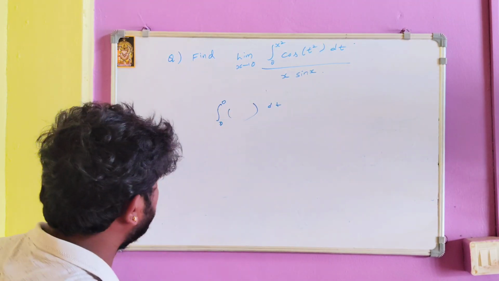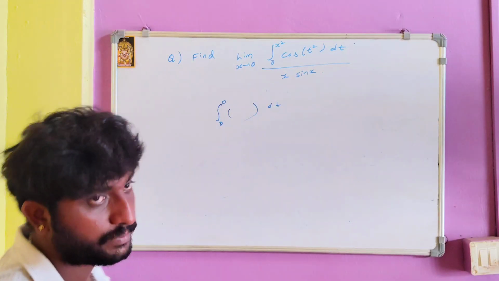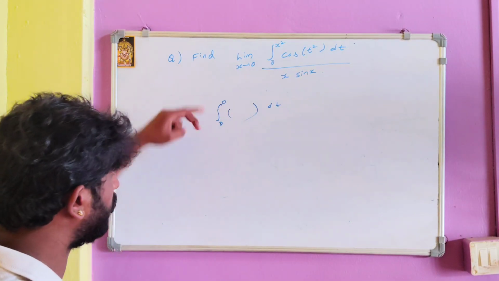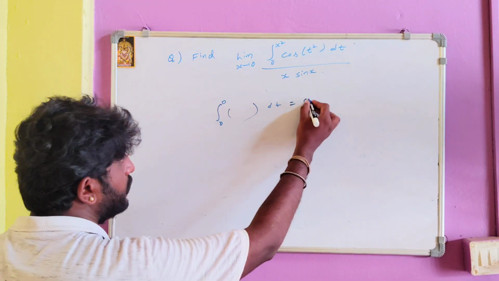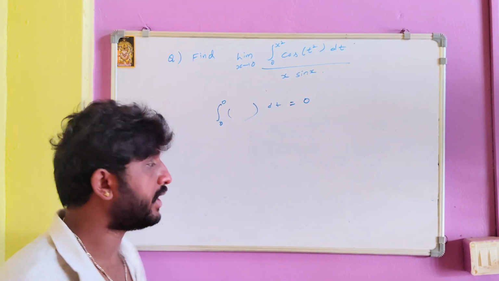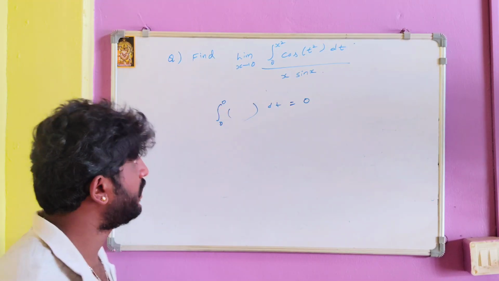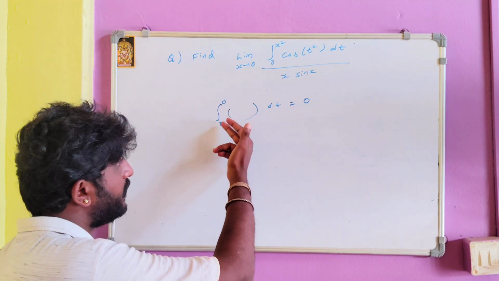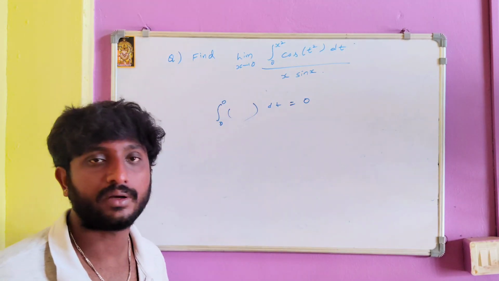We know that if the upper limit and lower limit values are both the same, this value equals 0 only. If the upper limit and lower limit are both the same, this integration value equals 0.